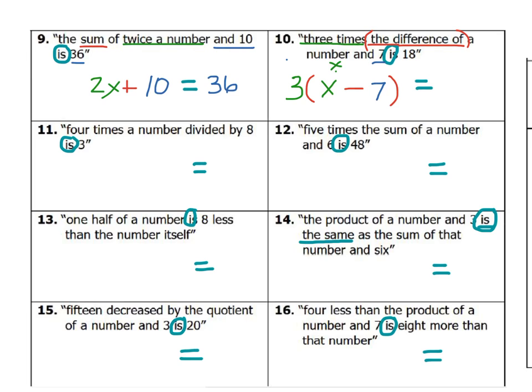And finally it says is equal to 18 right there. So 18 goes on this side by itself. All right, hopefully this is starting to make some good sense to you. Really all that we've done is add the equal sign. That was our first example with a parenthesis phrase. But what I'd really like for you to do is try numbers 11 and 12 on your own.